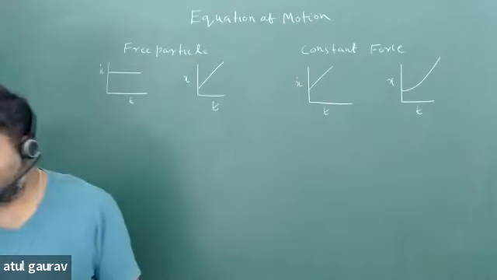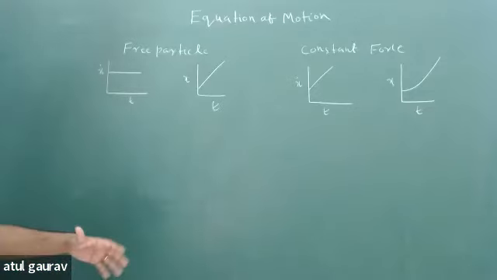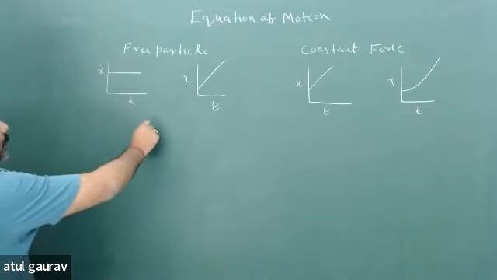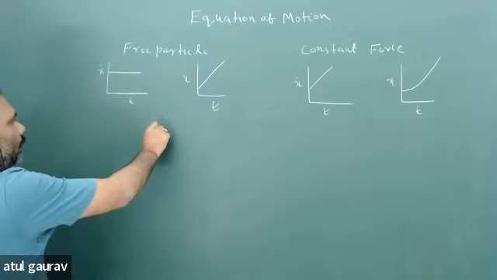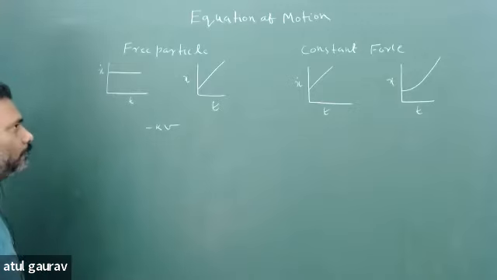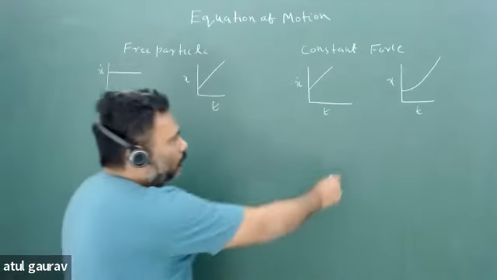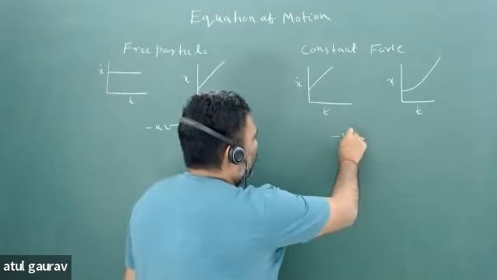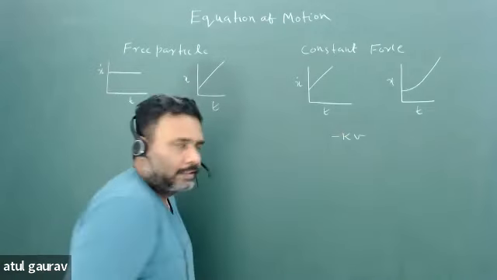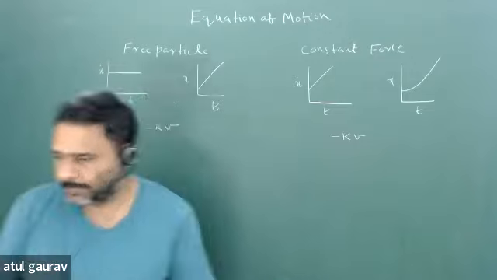Now we just add a little bit of complication into our problem. What we have done is add some resistive force, that is minus kV, in both systems. This was the resistive force we have seen.